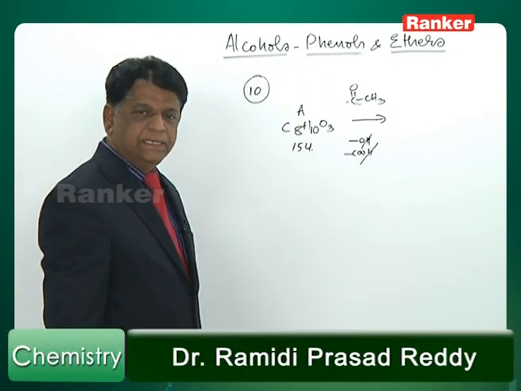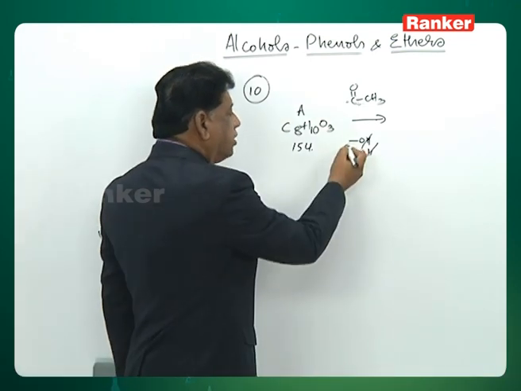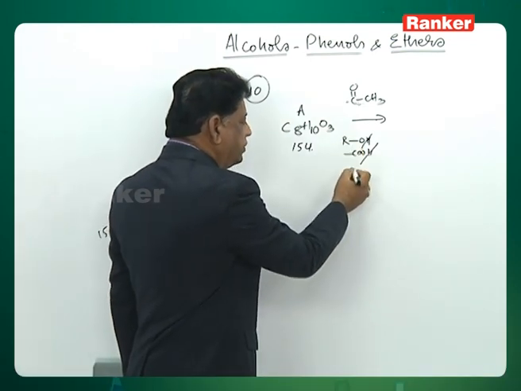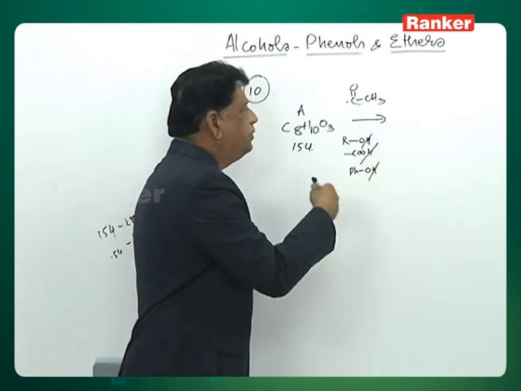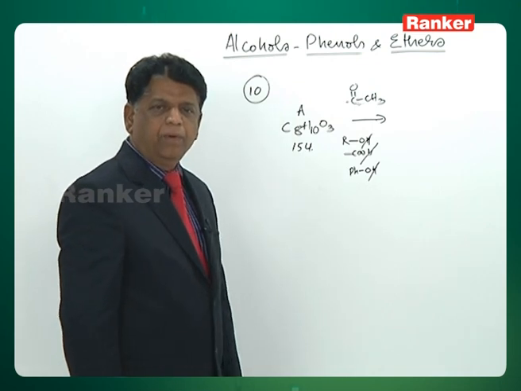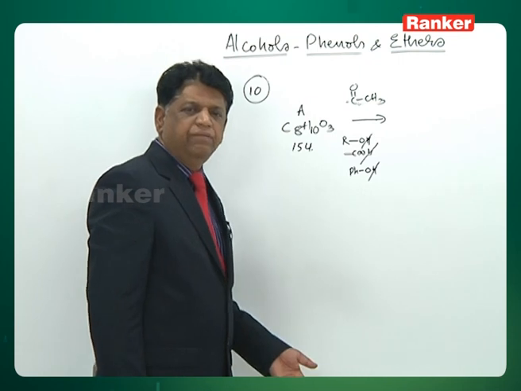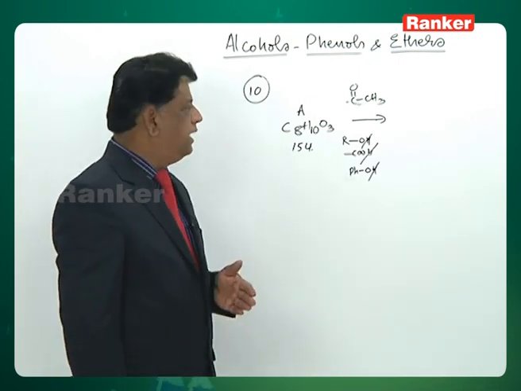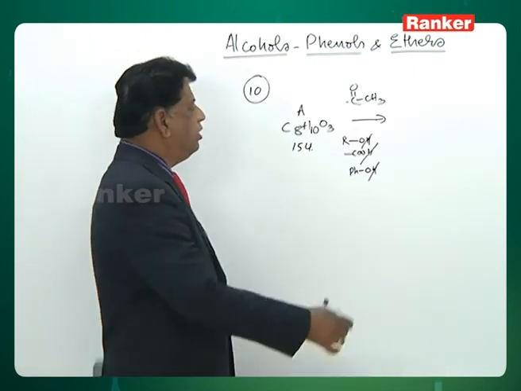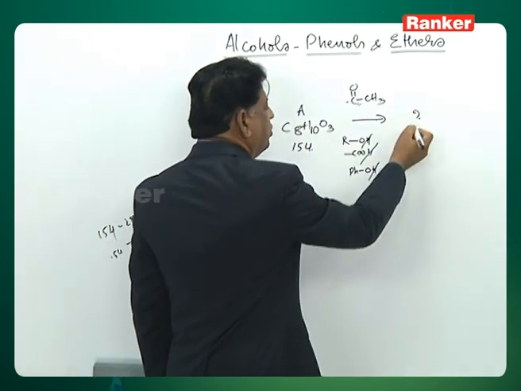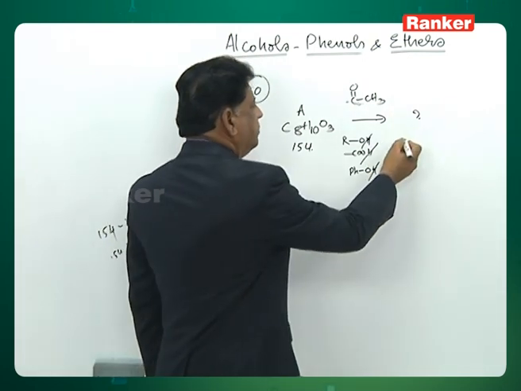This may have acidic groups or hydroxy groups, or alcoholic groups and phenolic groups also. We don't know what type of groups are there, but these groups are going to be acetylated and a product is formed, the acetyl derivative, whose molecular weight is 280.